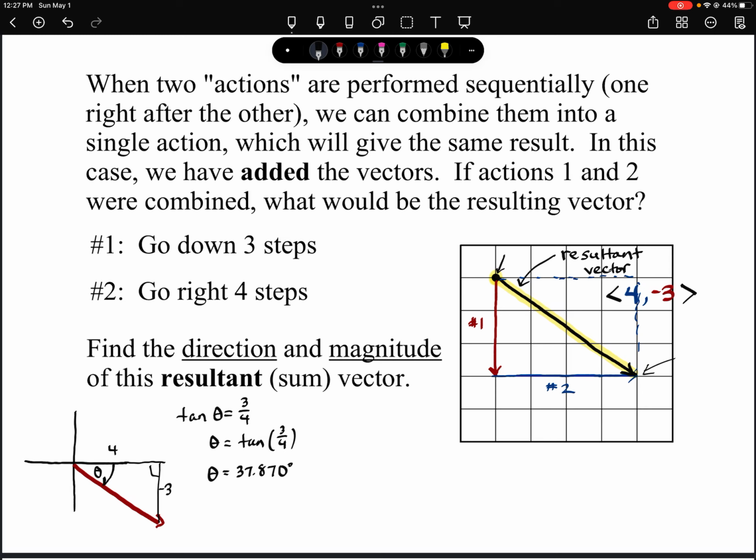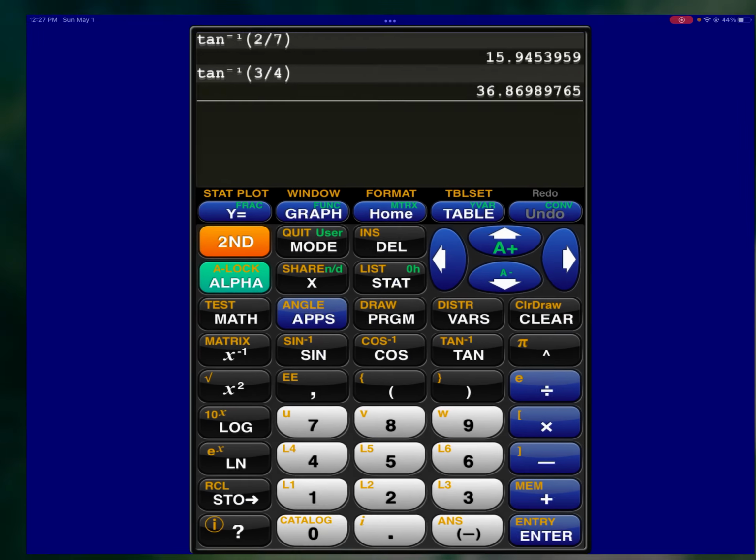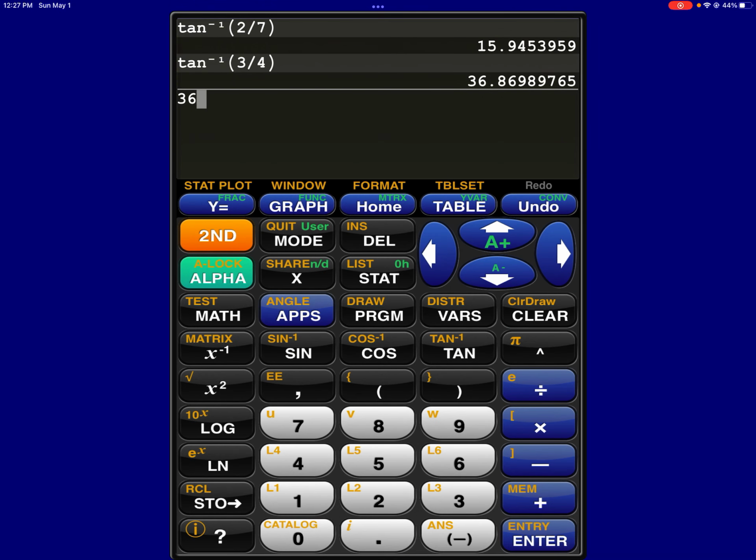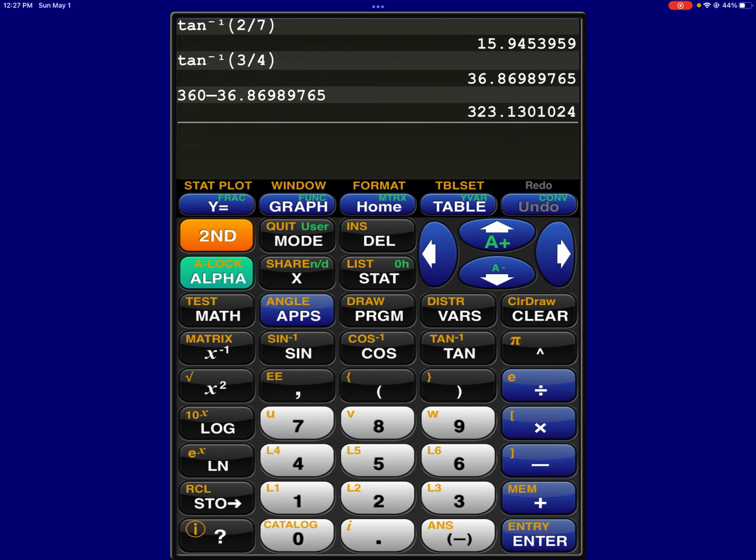So if we're thinking about going down this way, that would be a -36.870, or we could think about going all the way around the circle this direction. We could do that by saying 360 minus 36.870. And when we calculate that, we'll just subtract that there.